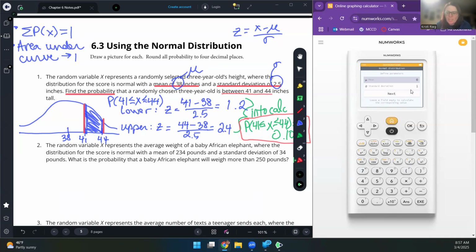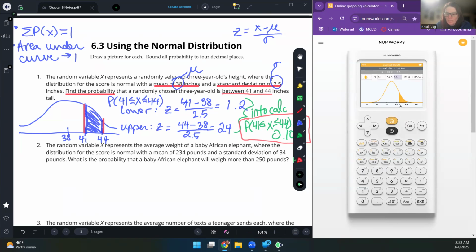So if I say that mu is 38, because that is what is given in the problem, and the standard deviation is 2.5, then when I'm going in between, I'm going solely off of this picture. I want the picture that I drew to match what's over here. So I'm going to go from 41 to 44.